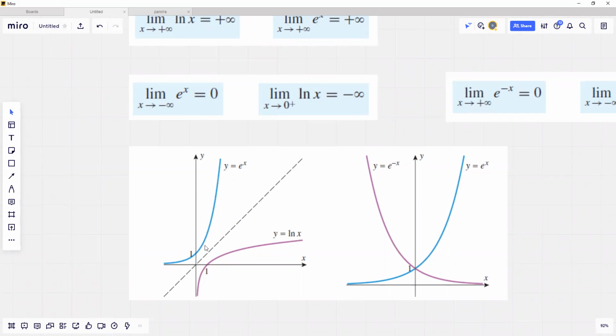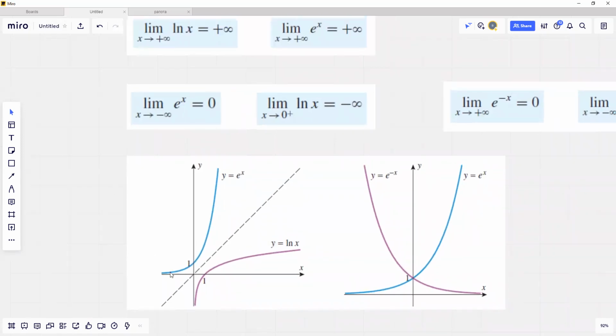Let's remind ourselves that if we have a plot of our function and we want to find the plot of its inverse, we have to draw a line y is equal to x, a dashed line here, and we have to take a mirror image or reflection of it around that line. And so e to the power of x is an inverse of ln of x. We can reflect ln of x to find e to the power of x, and we can find ln of x by reflecting e to the power of x about the line y is equal to x.